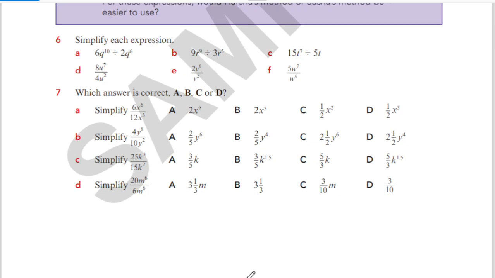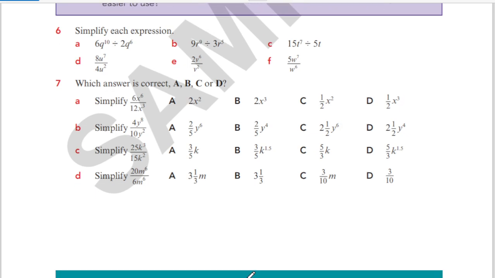Now we'll move to question number 6. We have to simplify these expressions. As I already told you, whenever there is a division sign, we have to subtract the powers, and whenever there is a multiplication sign, we have to add powers. In question number 6, all questions are with division signs, so we just simply divide them. 6q10 divided by 2q6.